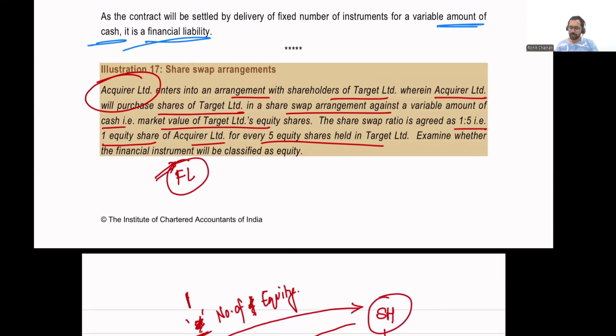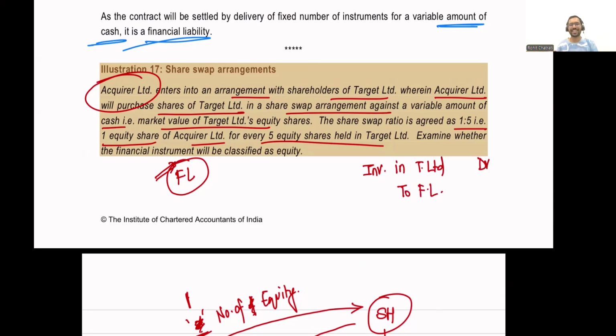Because the conversion ratio and the acquisition are determined today, what A Limited will recognize is investment in T Limited, because the transaction is finalized and the agreement has been entered into. The settlement will happen after 3 months, but the acquisition has taken place, and therefore I will recognize the investment in T Limited and I will credit financial liability.